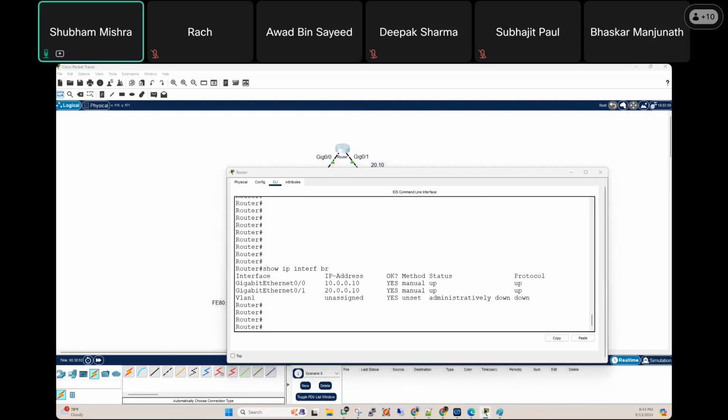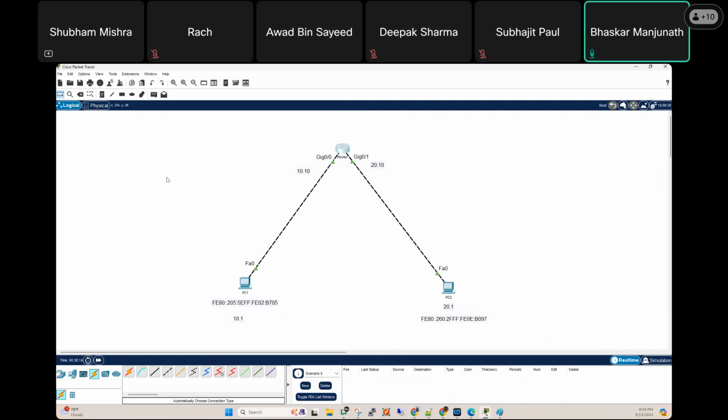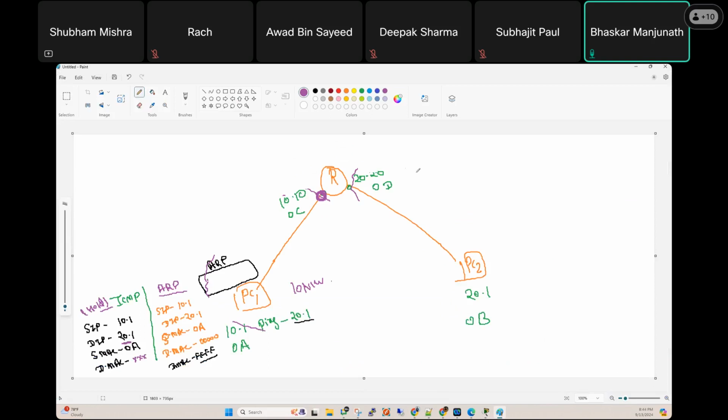Sir, for the default gateway you have to provide the same network address, but if 10 PCs are connected, how does it decide the default gateway? See, let's suppose this is the router and 10 PCs are connected like this, right?